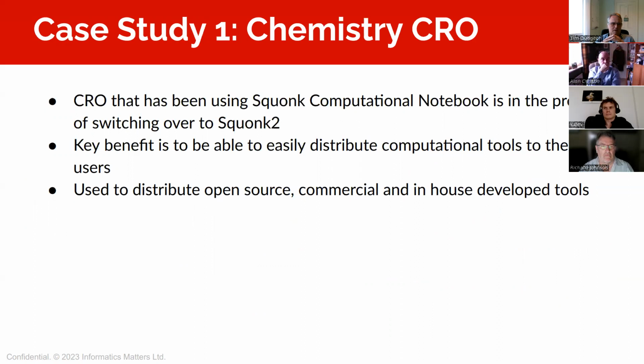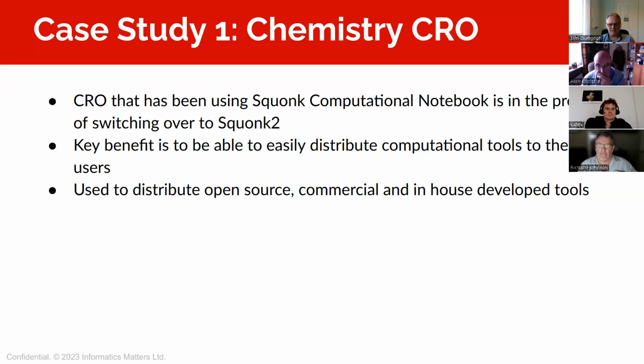I can't name them. They've been using the Squonk Notebook, our previous product, for several years now, and they're in the process of switching over to Squonk2. And the key benefit for this organization is the ability to distribute computational tools to their users, which is something they've found very difficult to do.